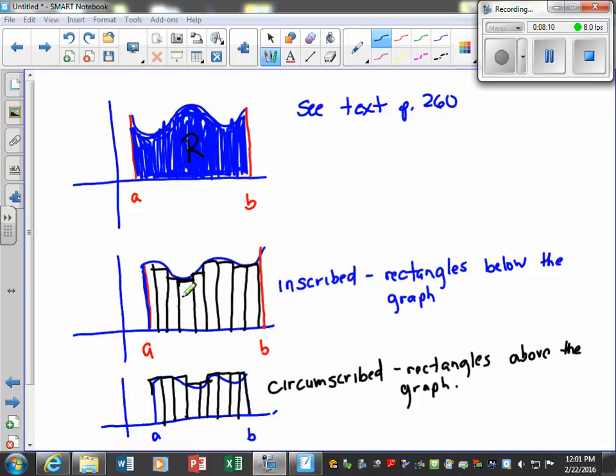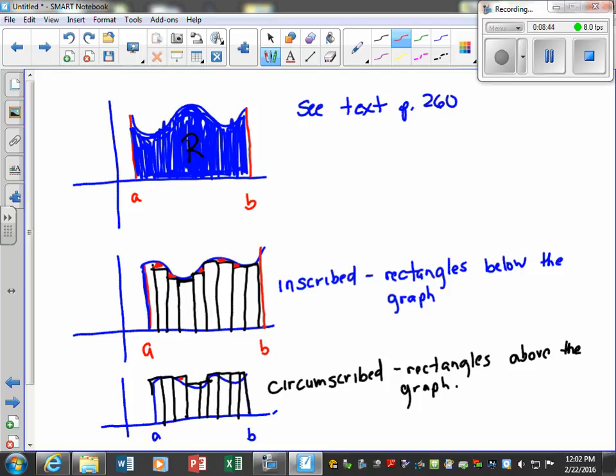This is inscribed, which is figure 5.4, and this is a bad excuse of figure 5.6, but basically you can see inscribed, or if we drew our rectangles below the curve, you can see that if I found the area of each of these rectangles by length times width, because I can do that, it's going to be a little bit short. It's going to be short of the actual area in these gaps right here. You can see some gaps. So the area of my estimate here would be less than the actual.